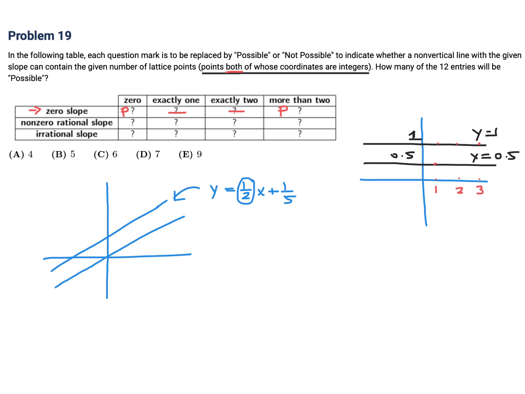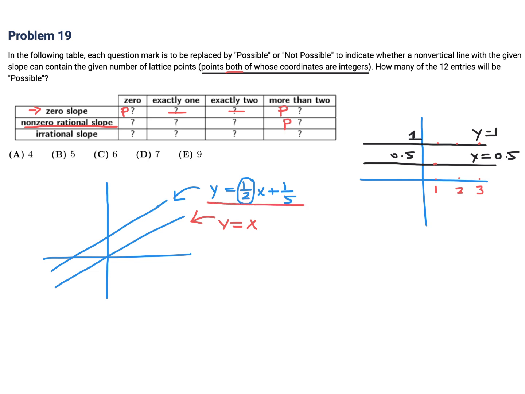Let's see here, y equals x, that's another example where the slope in this case is 1. If that's the case, that satisfies a non-zero rational slope type of scenario. And if x is an integer, y is an integer, so you would have a whole bunch of them, so infinitely many. So that would definitely be possible.